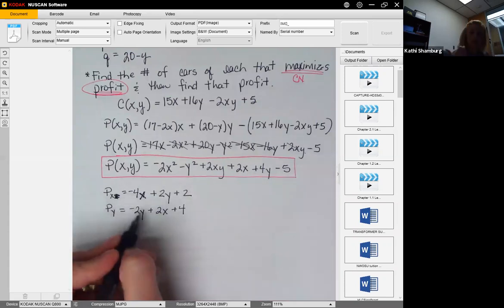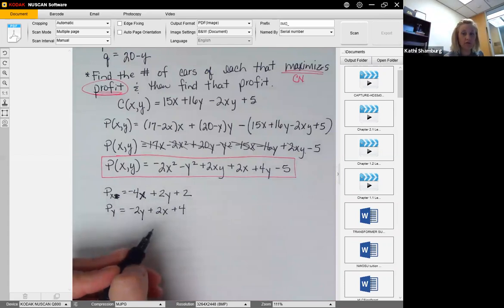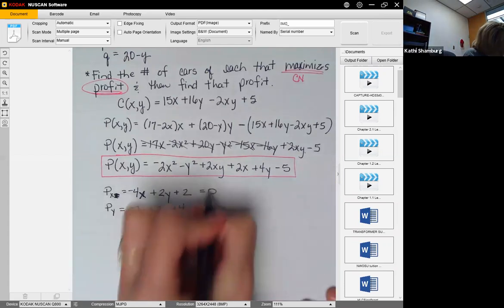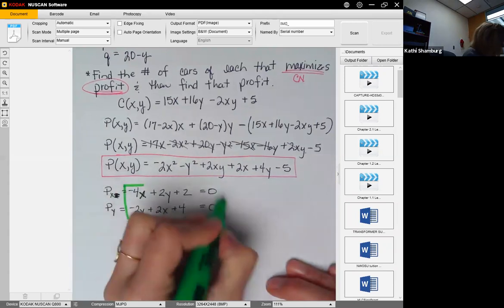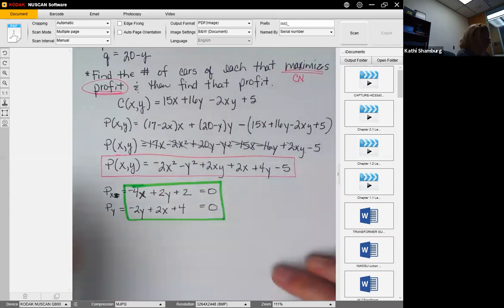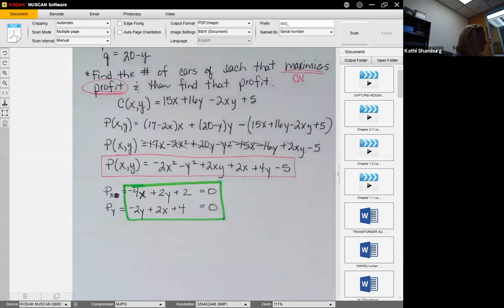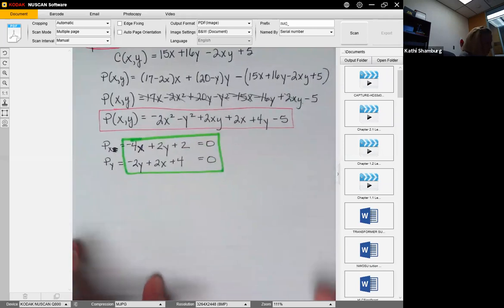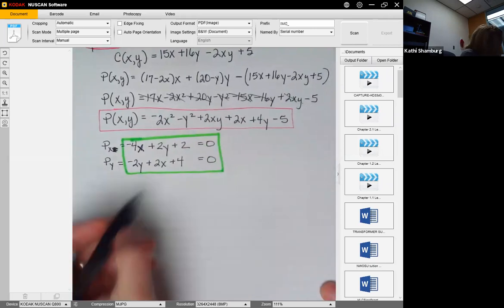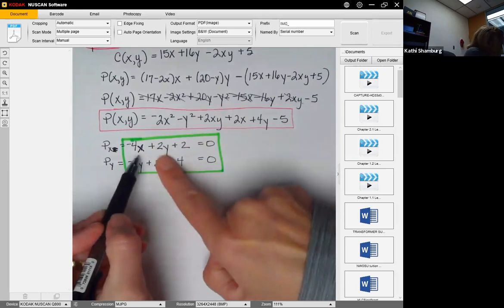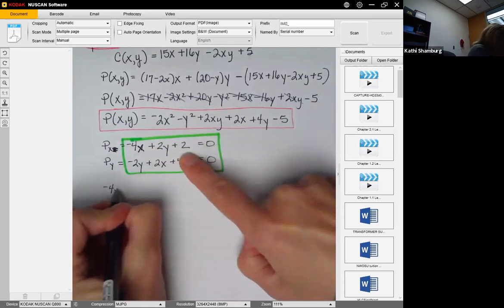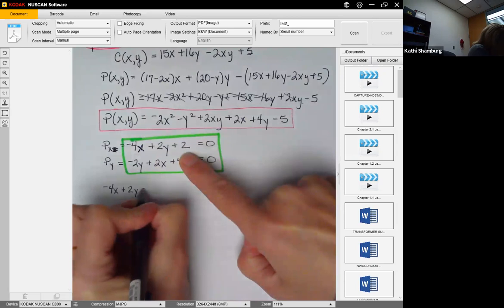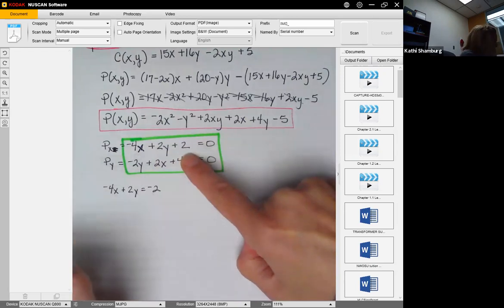So now we found our first derivatives, and if you remember, we set these equal to 0. In this case, they both have an x and they both have a y, so we're going to look at this as a system of equations. I'm going to rewrite this one by moving my constant over: negative 4x plus 2y equals negative 2, subtracting 2 from both sides.